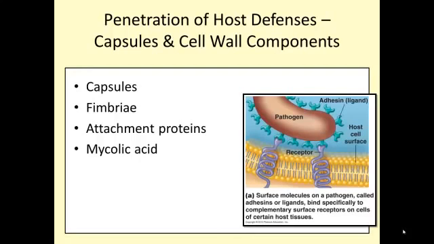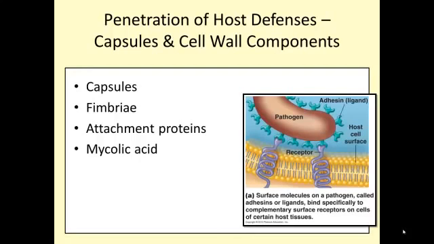Okay, let's talk about the middle ones because we haven't talked about those very much. Fimbriae, remember, clear back to Chapter 3 when we talked about fimbriae. Fimbriae are rod-like extensions from the surface of a bacterium. Often they are ligands. They aid in the attachment of the pathogen to cells.